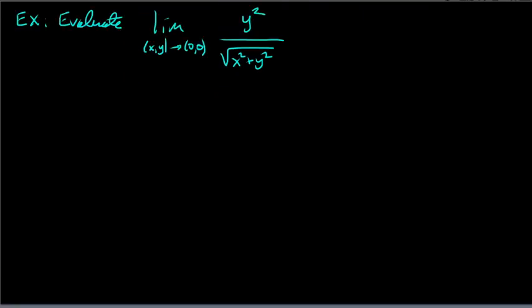Again, you can try plugging in 0 and 0. If you do that, 0 squared is 0, divided by the square root of 0, which is 0. You get 0 over 0 again, which is indeterminate, right? So that's not an answer.